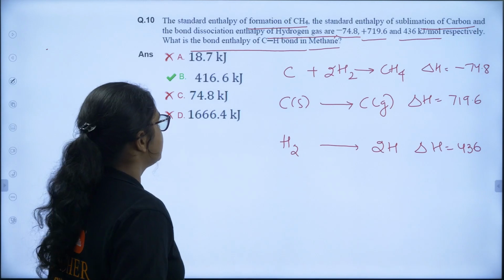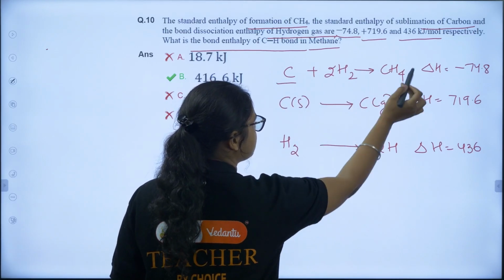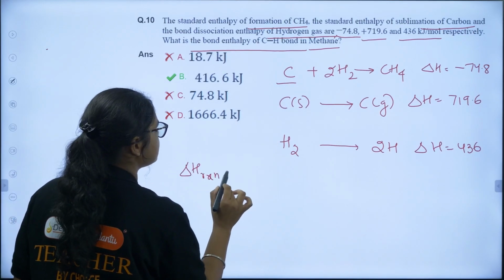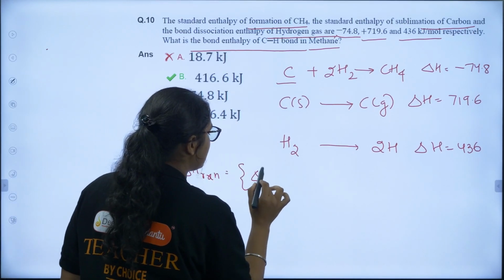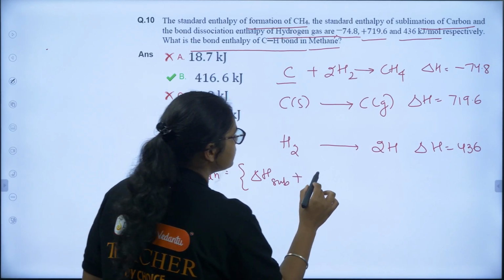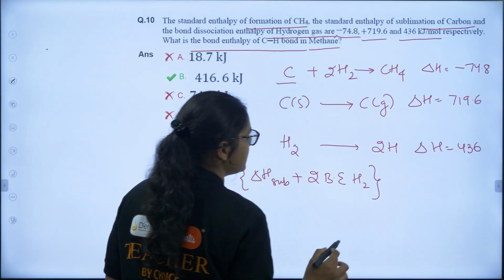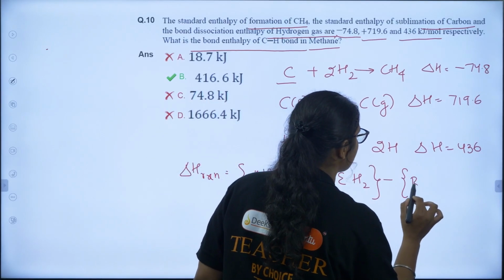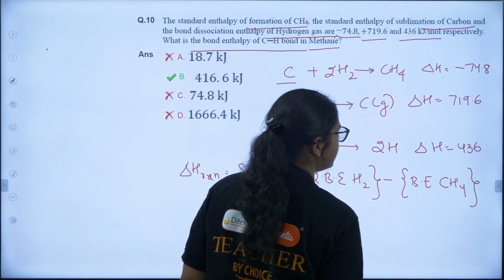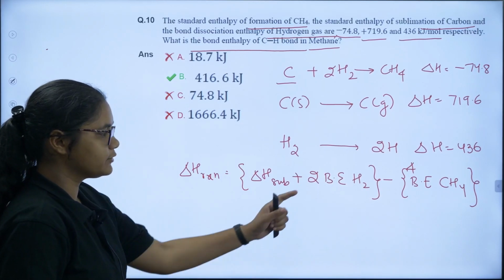Now you have to calculate the bond enthalpy of CH bond in methane. So the delta H of the reaction is equal to delta H sublimation of carbon plus 2 times the bond dissociation enthalpy of H2, minus the bond enthalpy of CH4, 4 times the bond enthalpy of CH bond. Okay, we have to calculate that.